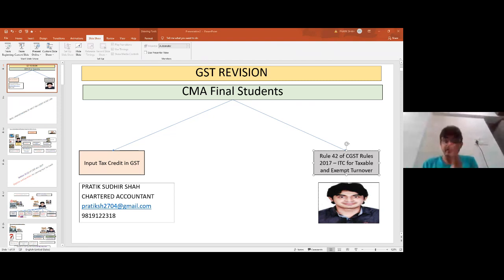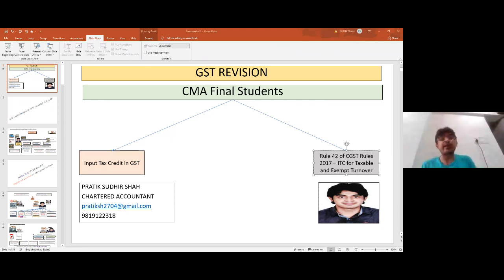What are the conditions? What are the points? We will do case studies. First, motor car, vessels, aircraft. If I have purchased motor car, vessels, aircraft for my business, I cannot take ITC. Whatever GST I paid, I cannot take ITC. See, motor car includes what?